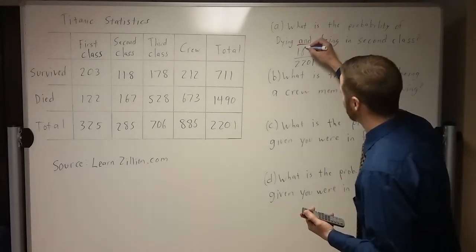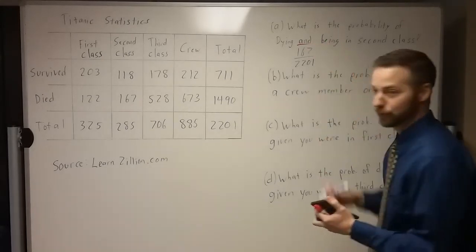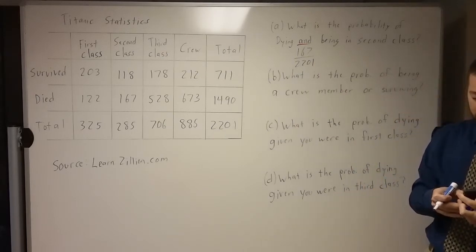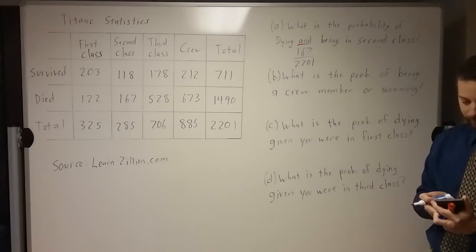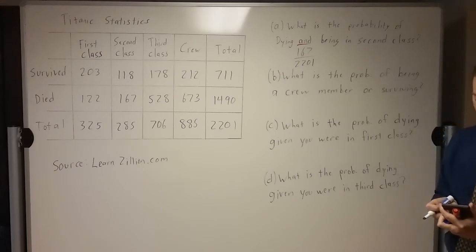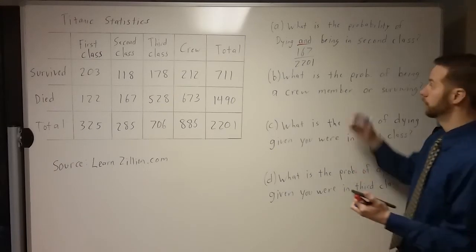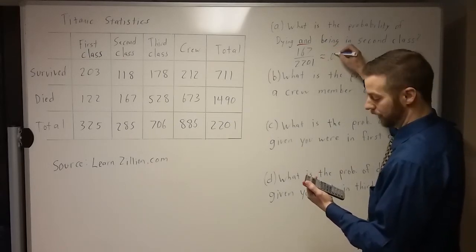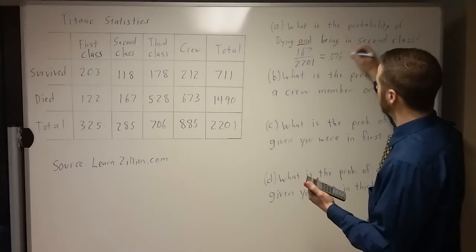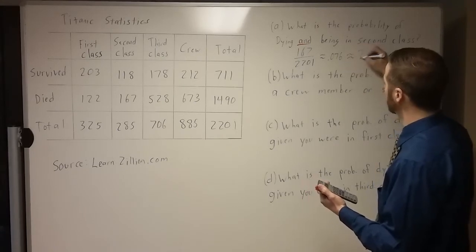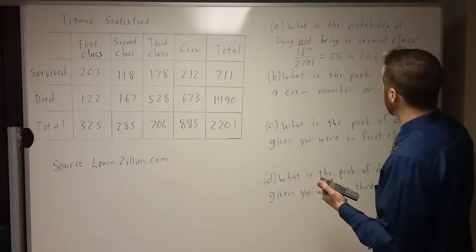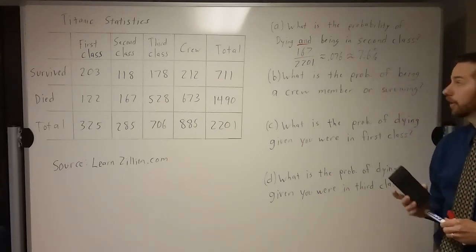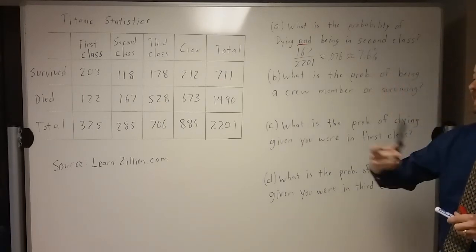I don't really want to see if 167 over 2,201 can simplify, so I'm going to divide the two out. 167 over 2,201 is about 0.076, or, if you like a percentage, moving the decimal point two places, about a 7.6% chance that a passenger on board was in second class and died.